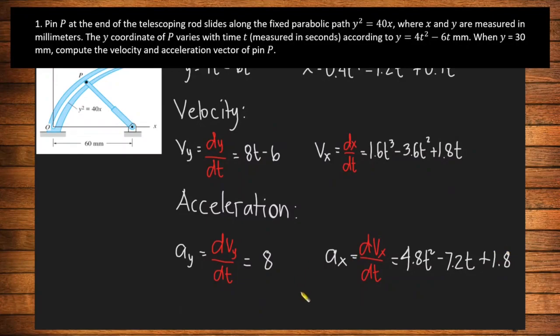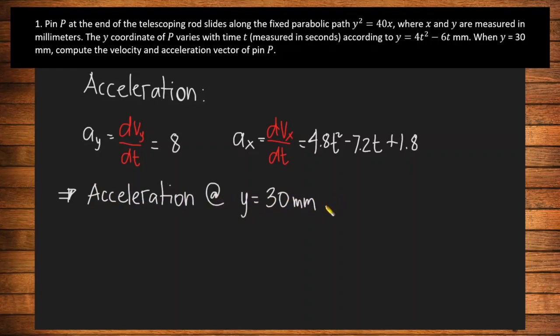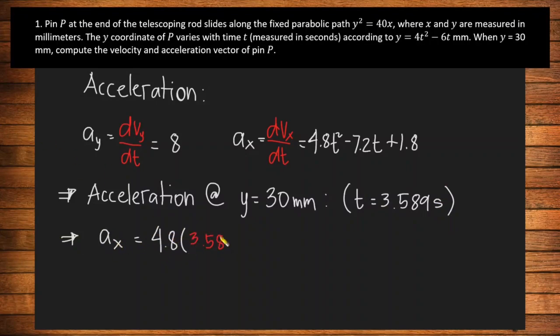Okay, so again, the problem asks for the acceleration vector when y is equal to 30 millimeters. Since yung acceleration natin, again, is in terms of time t, so yung gagamitin natin, or yung ilalagay natin na time will be 3.589 seconds ulit. Okay? So for the x component of our acceleration, again, ilalagay lang natin na time is yung 3.589.